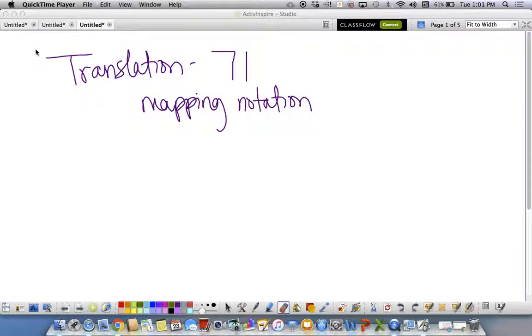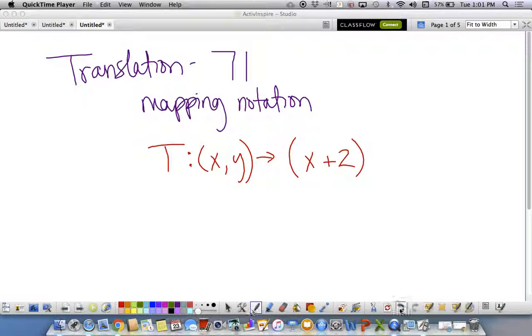Okay. We have talked about transformations. We are going to focus on translations today. Mapping notation: we're going to translate some point (x, y) into another point (x plus 2, y minus 1).